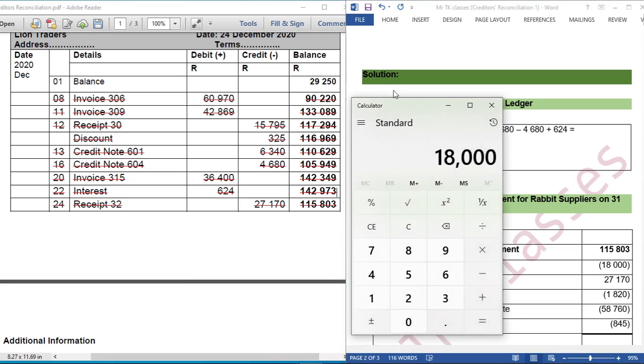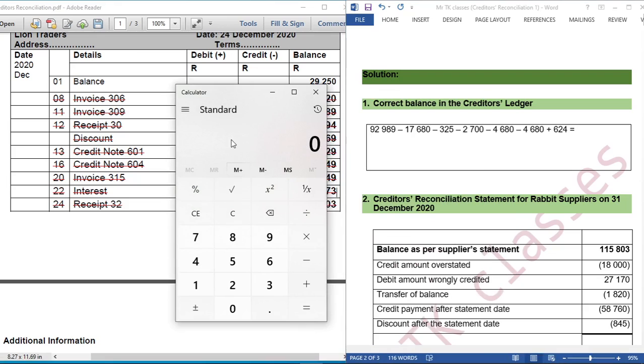All right, let us do our calculations. We are going to say 92,989 subtract 17,680 subtract 325 subtract 2,700 subtract 4,680 subtract 4,680 add 624. What do we get? 63,548.